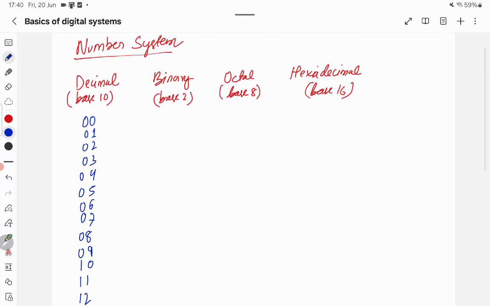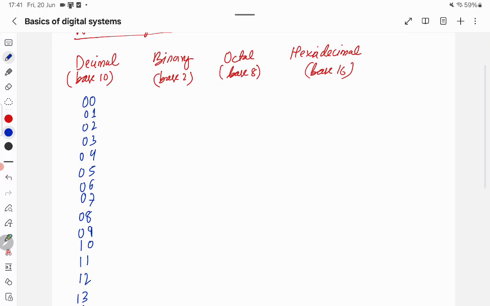Okay, if you move to binary, how will you represent these things?